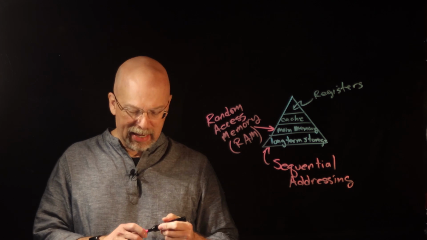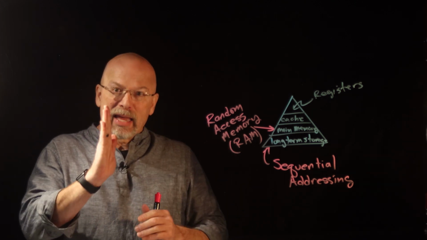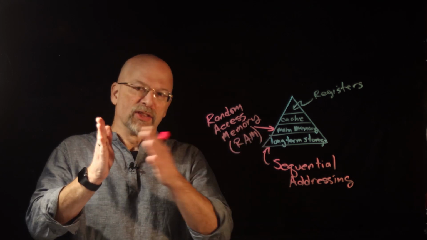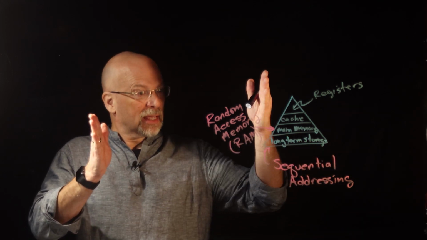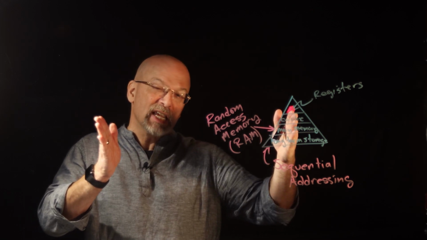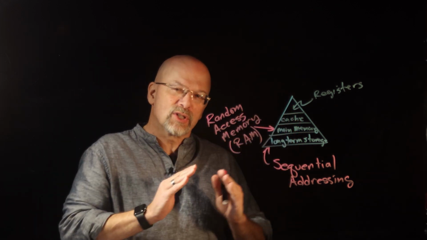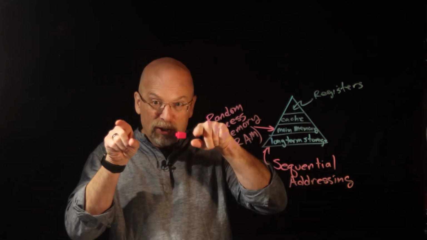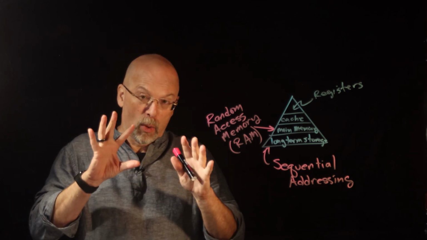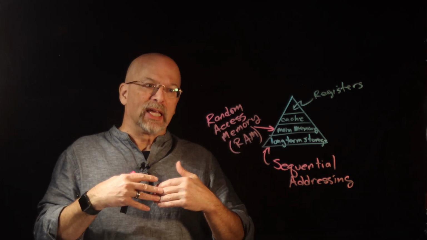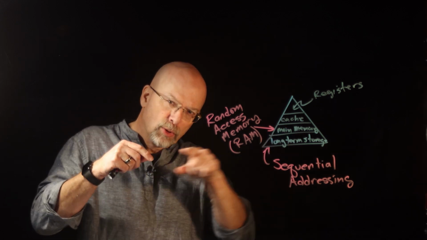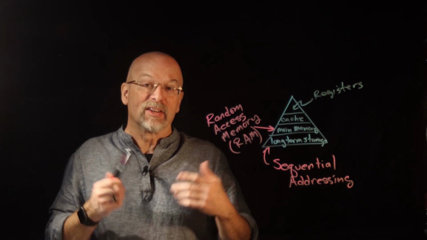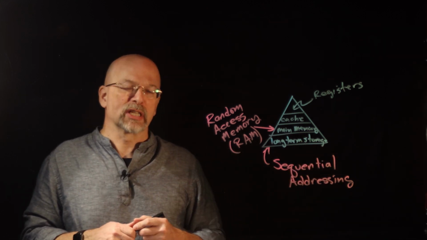Sequential addressing means that I've got my element that is doing the reading and the writing at a certain position in the stored elements. And if I want something from a different position, I have to sequence through all of those items before I can get to the other one. Think of a tape. You've got your tape positioned at a certain point in the data. If I want to get to a different point, I have to go through all the tape that is between here and that destination before I can get the data that I'm looking for. That is referred to as sequential.